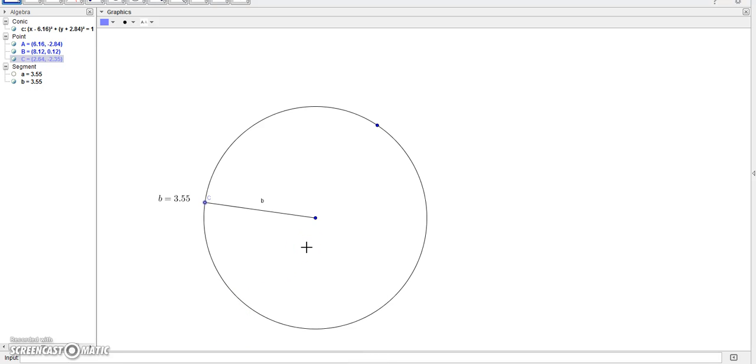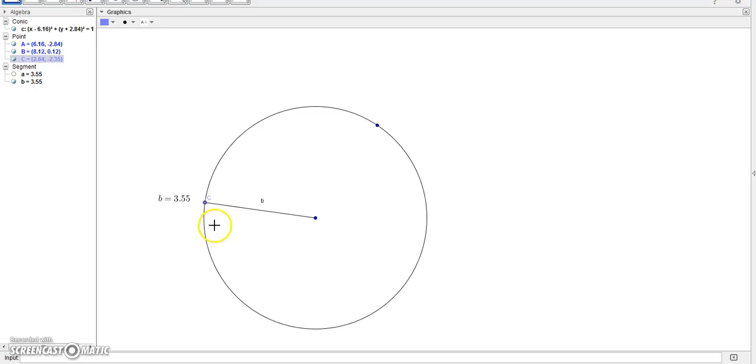Alright, so what I did was I made a circle, and I started out by picking this central point, and then all I did was select another point, this point B here. And GeoGebra was able to draw a circle through that point based on where I picked my center and where that second point is.